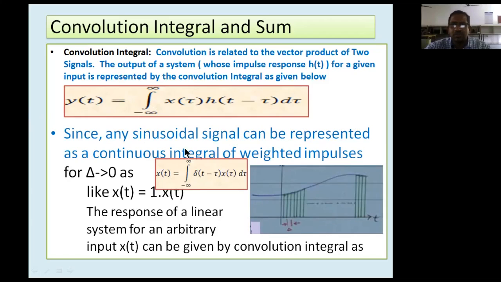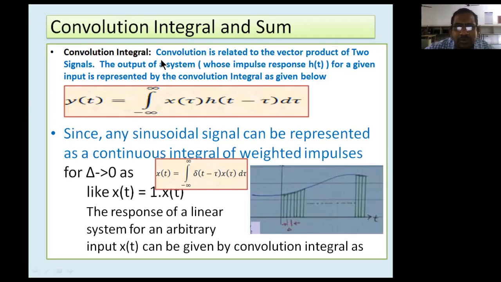As I was telling you, integration is used for continuous signal representation, whereas the summation symbol is used for discrete time signal representation. So here I am writing the response of the system, which is nothing but the convolution operation. That means this LTI system is giving a response y of t.